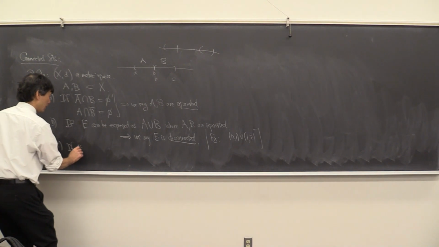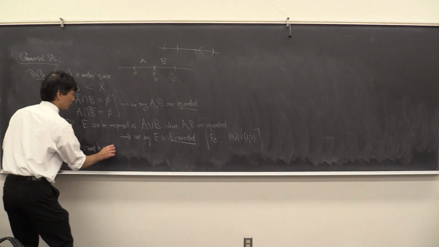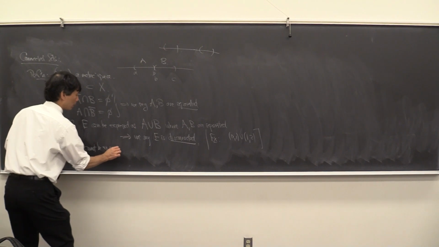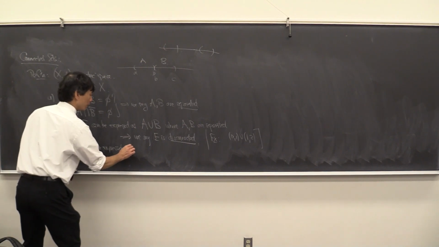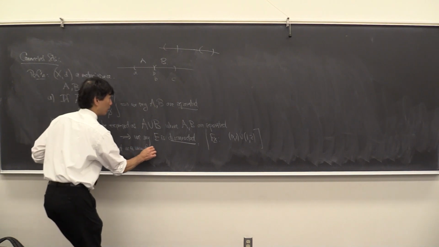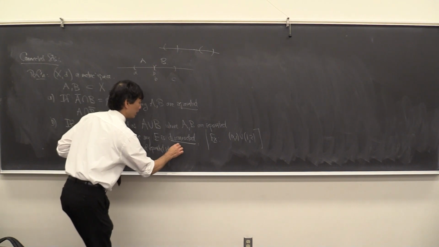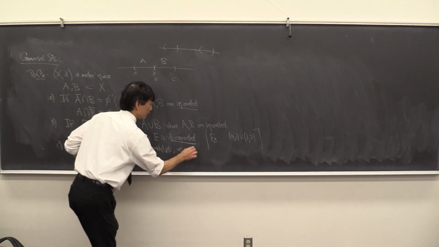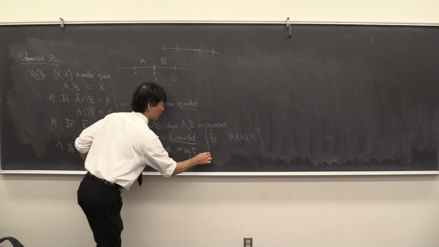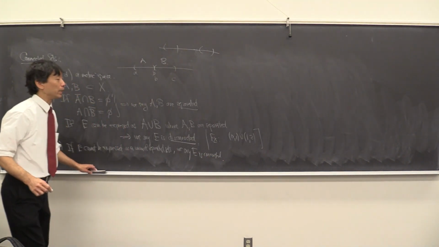If E cannot be expressed as a union of separated sets, then we say E is connected.